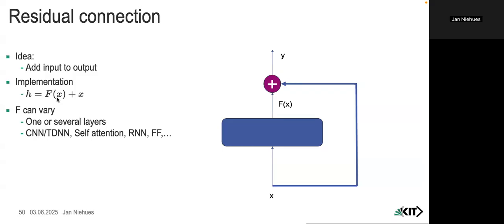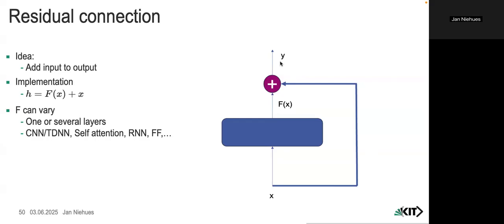That is our normal one, and we visualize it like this: you take your x, put it through a layer, and then you get your output. Now in a residual connection, you do something really, really simple. You just add the input to your output, and that's your final output.